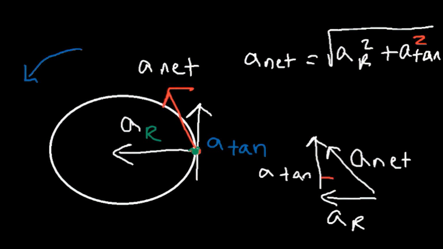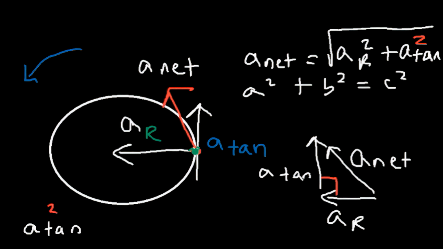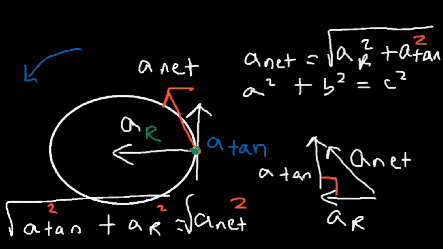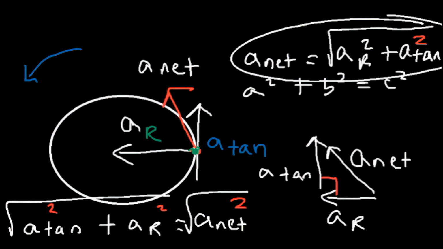So according to the Pythagorean theorem, a squared plus b squared is equal to c squared. Therefore, the square of the tangential acceleration plus the square of the radial acceleration is equal to the square of the net acceleration of a point on a circle. If you take the square root of both sides, you will get this equation.